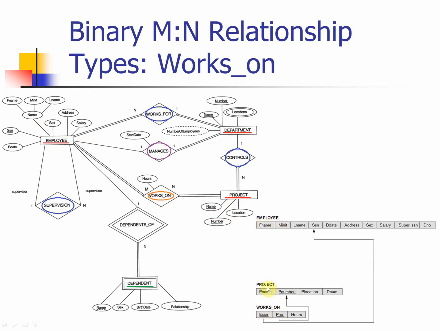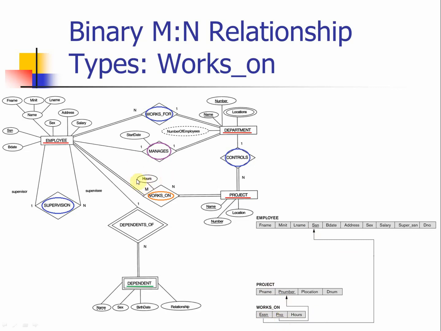We have PNO, that's the primary key that comes from the project. So we need to include those two attributes, forming the foreign keys to the two tables so that we can connect them all together. The primary key of this new relation that we created would be the combination of the two primary keys. So ESSN underlined, PNO underlined, so that we form a composite primary key over here.